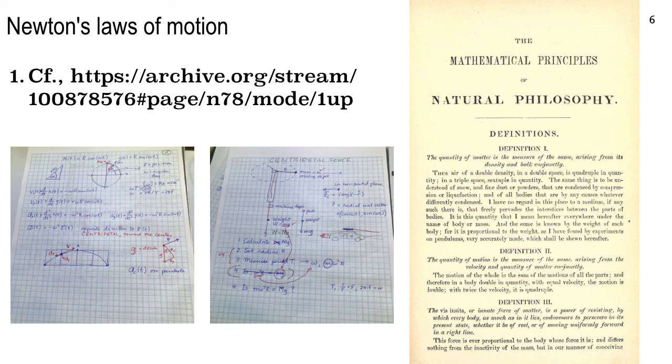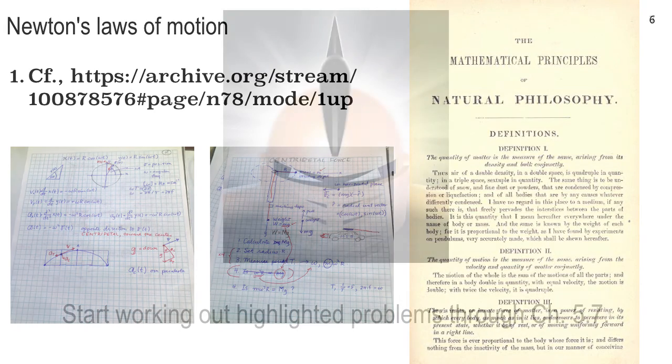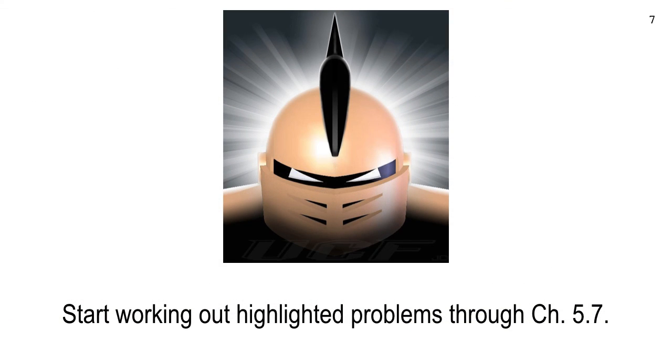Hold on, I want to talk about homework. Let me just get this stuff out of the way. Now, here's your homework assignment. I want you to start working out the highlighted and annotated problems. There's a few annotated problems in chapter 5, all the way up to 5.7. Make that your study assignment between now and Thursday.